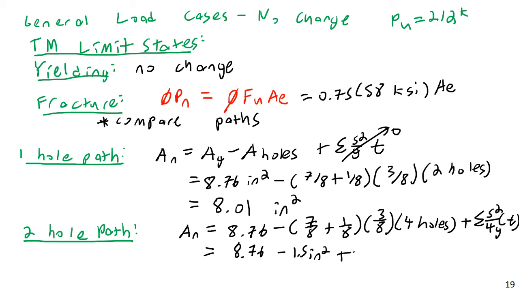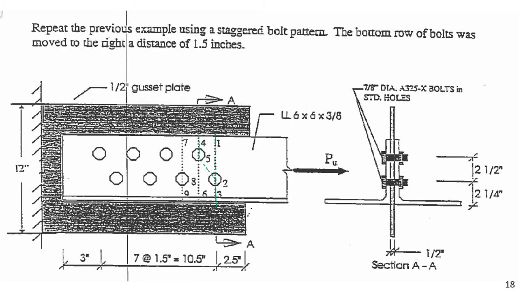And then plus the s squared over 4g, which is 1.5 squared over 4 times 2.5. Where is that coming from? Well, s is the horizontal direction, in the direction of the load, the center to center spacing, and so that's 1.5 inches here.